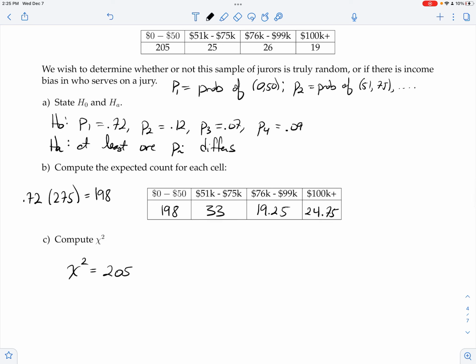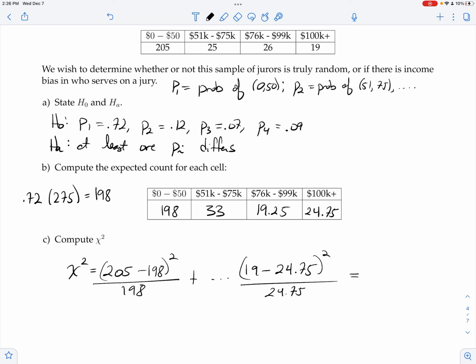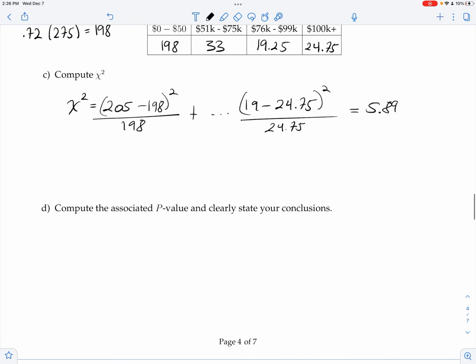Observed minus expected, squared, over expected, plus, keep going, the last one. Observed was 19, expected was 24.75, squared over 24.75, and you should get 5.89 total for your chi-square statistic.